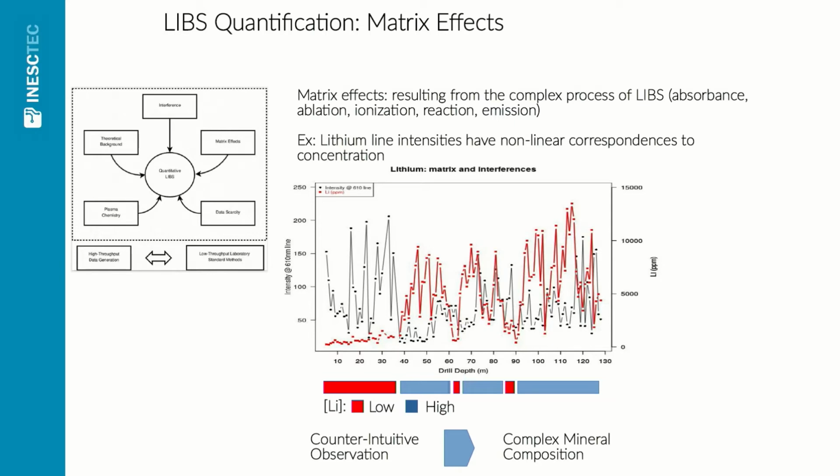So this is a perfect example where the theory that we have about LIBS will never work at this stage, because we don't have all the knowledge to simulate or to make an inverse problem to solve this kind of observation.